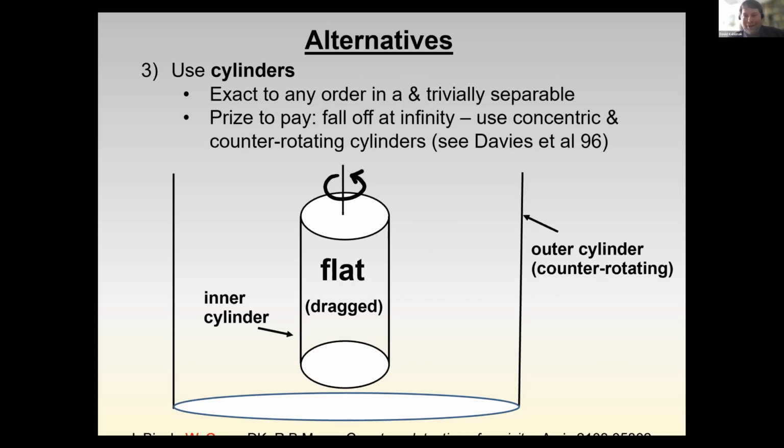We use that to say that outside of the cylinder there's a conical deficit, and the detector inside the cylinder can actually detect that. But anyway, this is work in progress, whether you can use these cylinders to predict the inertial frame dragging to any order in A.